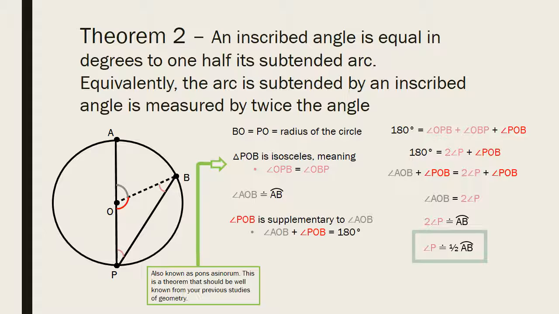So in other words, the inscribed angle P, inscribed meaning that it's an actual point on the circle, is equal to 1/2 its subtended arc.